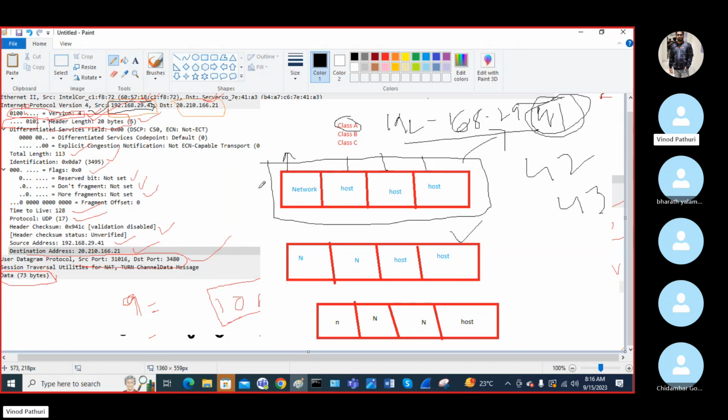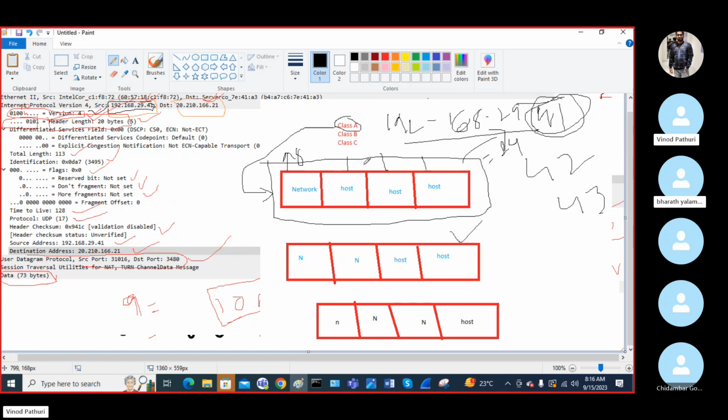So here in class A, I'm representing class A now. How many network bits do we have? 8 network bits. One octet only, right? And how many host bits do we have? 3 octets, 24 bits.